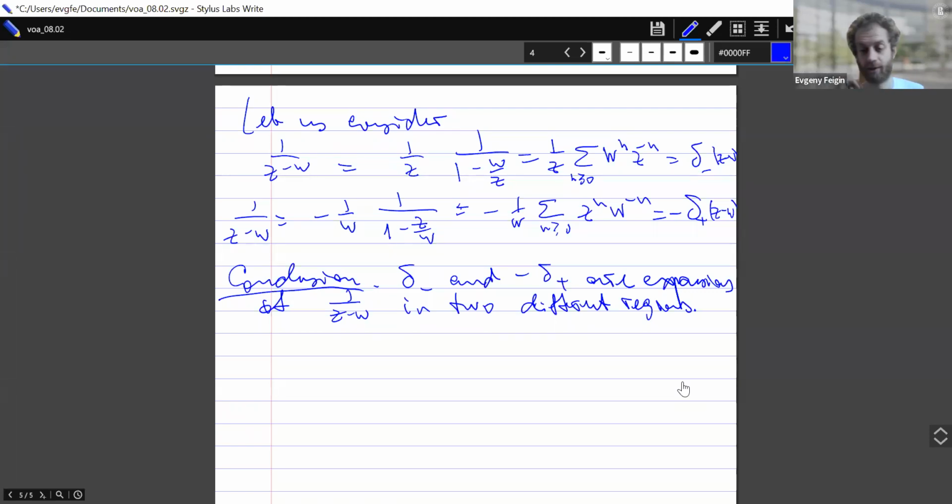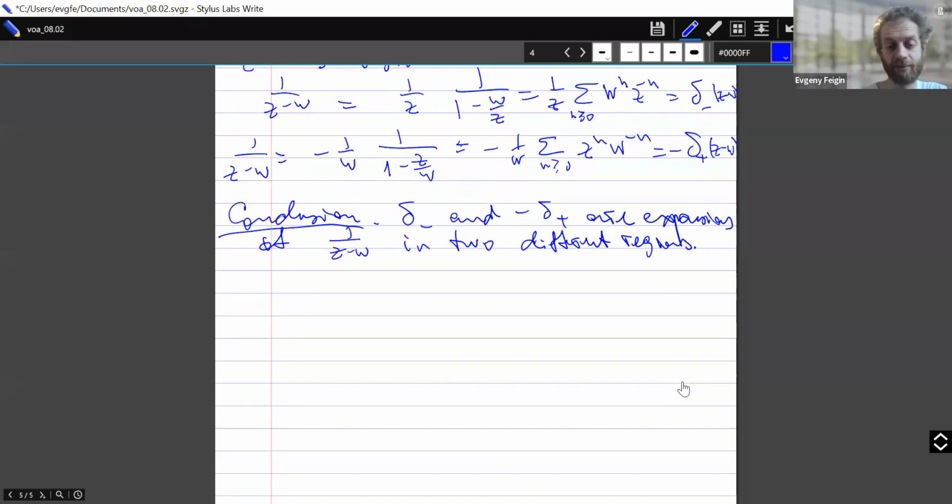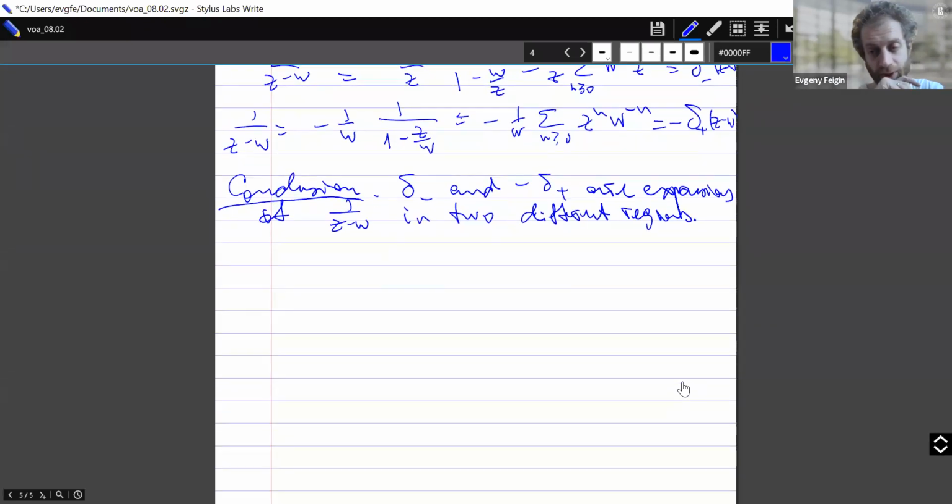Now, we have not too much time left, but nevertheless, let me give you one of the central definitions of our course. Let V be a vector space.